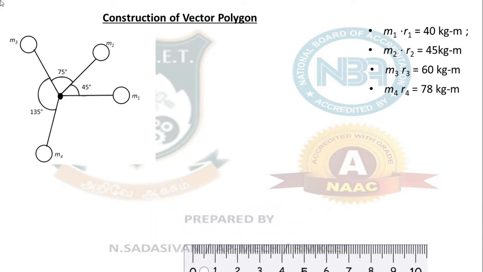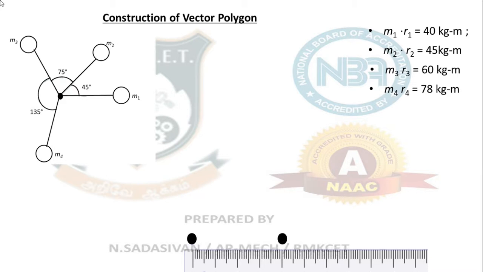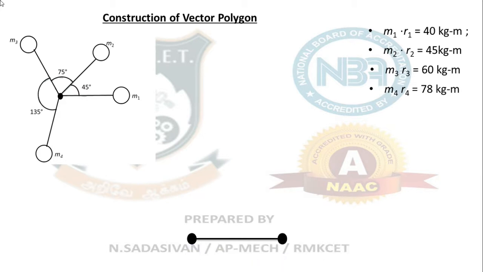So for 40, I am going to take 40 straight away, 1:1, 40. You draw a line. And what is the direction? Outward direction, pointing towards the mass. This direction arrow mark you have to draw here. As soon as you draw the first line, you draw the arrow mark. So this is A, this is your B, and this is your arrow mark.